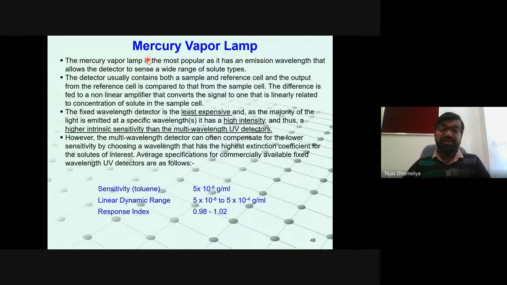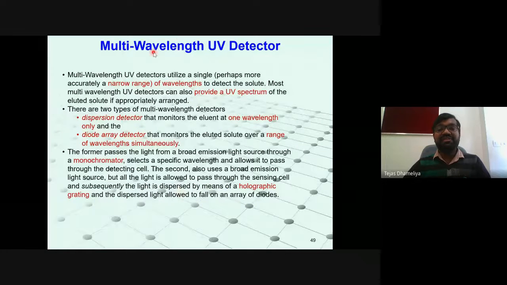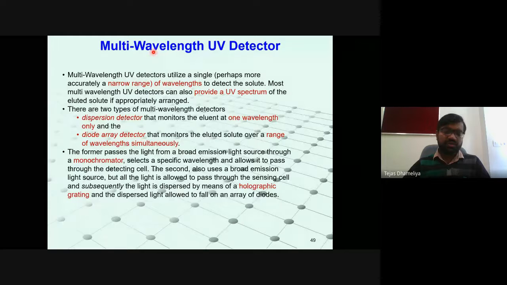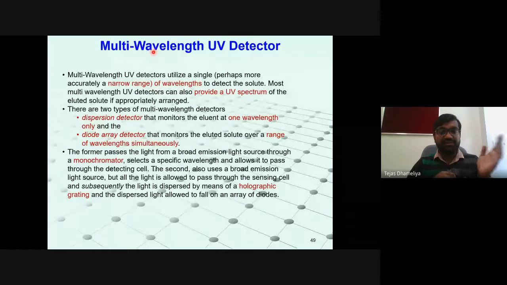of the mercury vapor lamp. Then another detector is the multi-wavelength detector. Multi-wavelength itself suggests it does not have a fixed wavelength such as 254 or some other, but it has multiple wavelengths together.